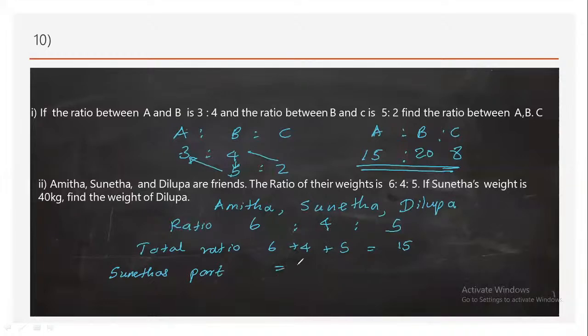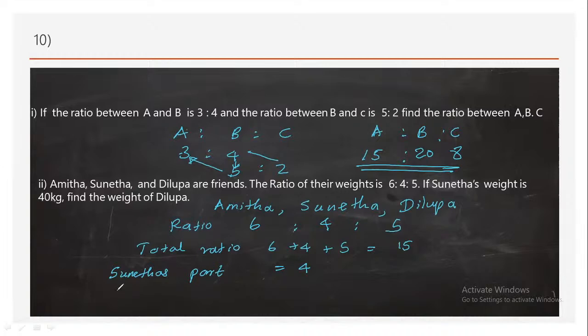Sunita's part is how much here? 4. Right? Then 4 parts equals, it means 4 over 15 equals 40 kilograms.